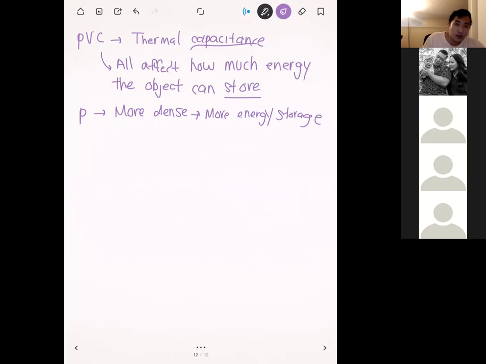Chemically, the way you explain this is that density is a measure of how densely packed the atoms of that material are. A more dense object will have more atoms and molecules packed into a smaller area than something not as dense, and the more molecules there are, the more there are to store energy.